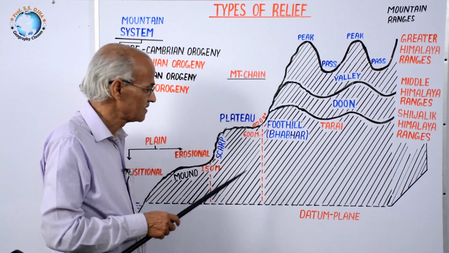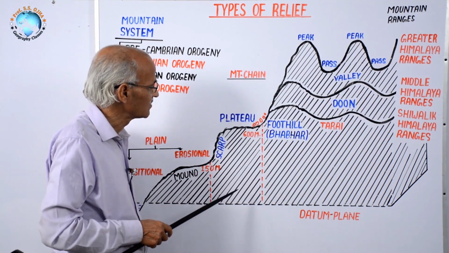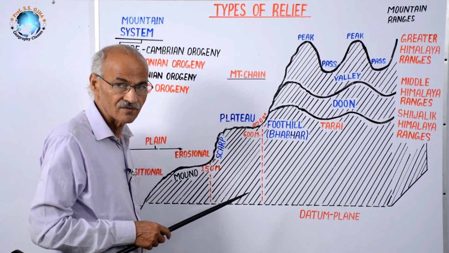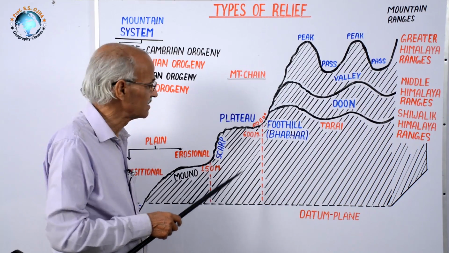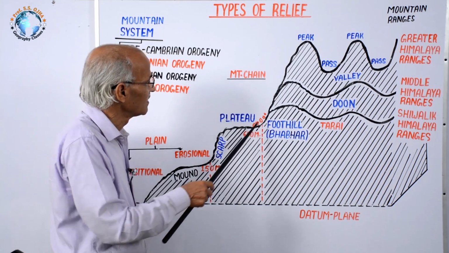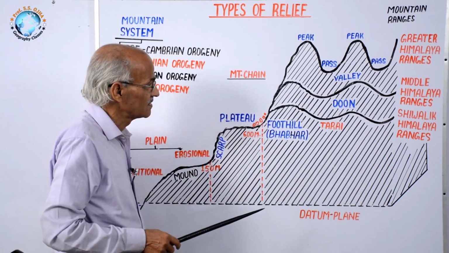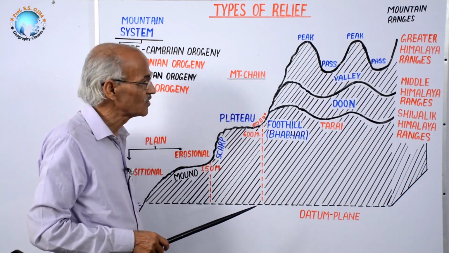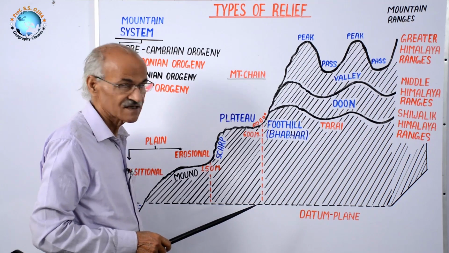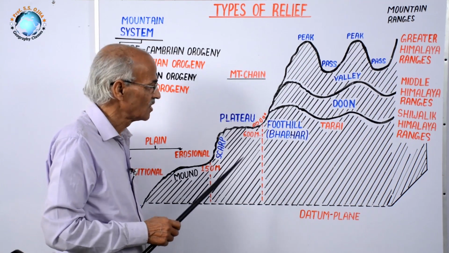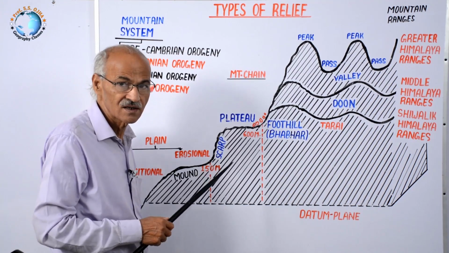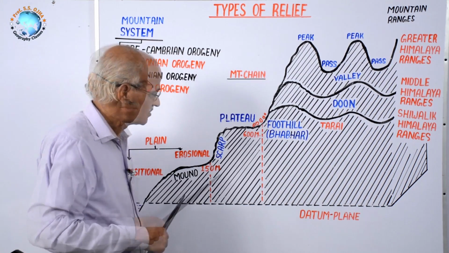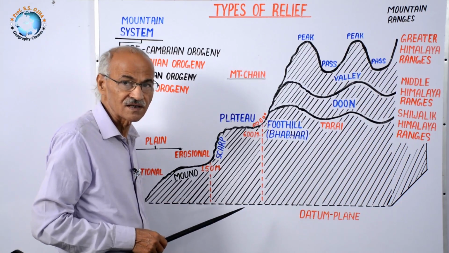The rocks making these plateaus are mostly igneous, metamorphosed and hard sedimentary. Now, regarding the mountain, the geology is very soft because this is a folded structure. Rocks are sedimentary. So, on the basis of height, you can demarcate it, and on the basis of structure and geology, you can differentiate.